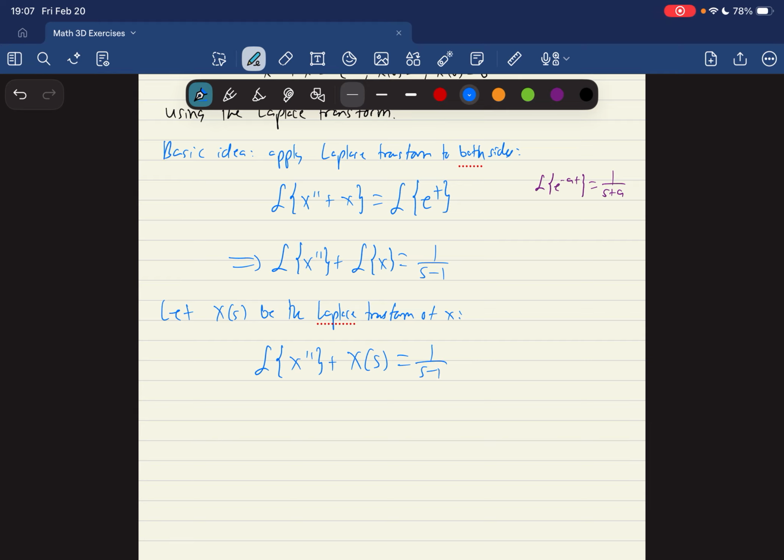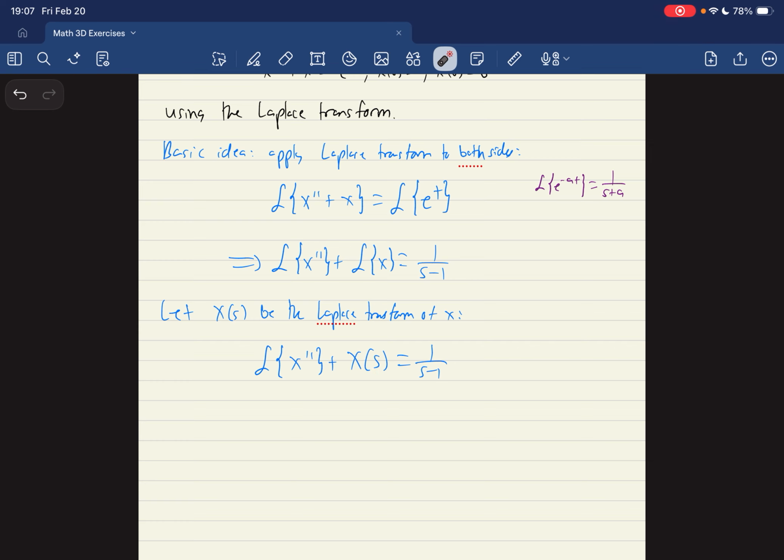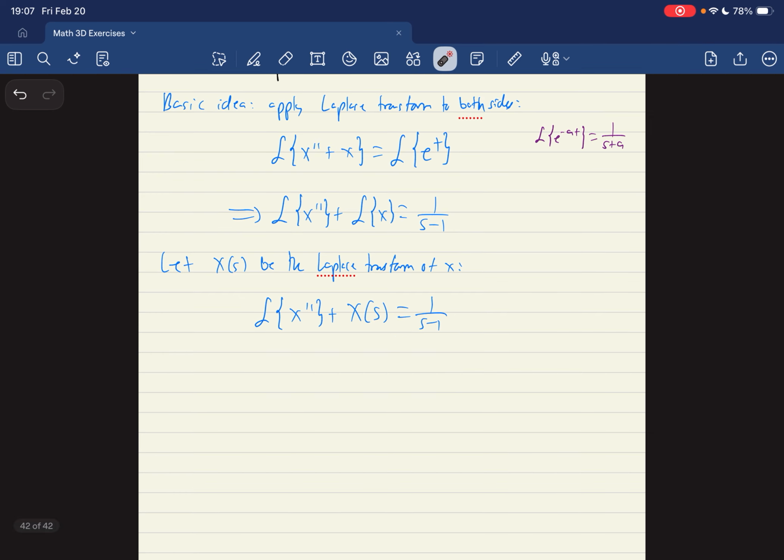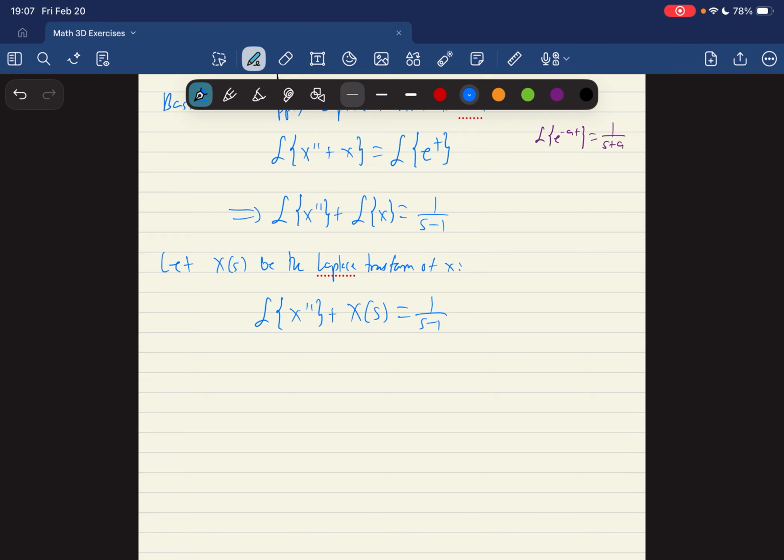And our goal is going to be to solve for X of s, because once we solve for X of s, we'll be able to take the inverse Laplace transform and find the solution x of t to our original ODE.